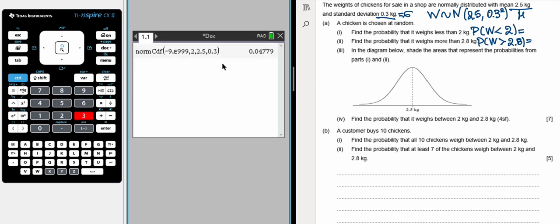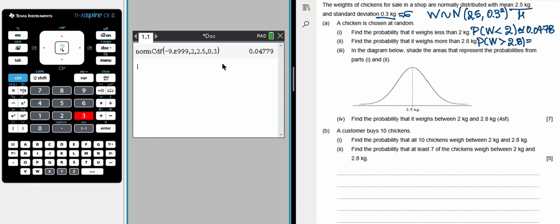And that will provide us with the answer for the first question. Now if we round it straight away to save a bit of time, it's going to be 0.0478, right? 0.0478 to 3 significant figures, and that would be an approximation here.